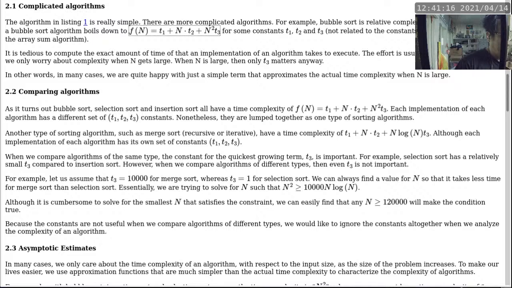Alright, there's a bunch of stuff going on in the text channel. Oh, BOGO sort is a joke. Well, BOGO sort can work efficiently when you have unrestricted parallelism.